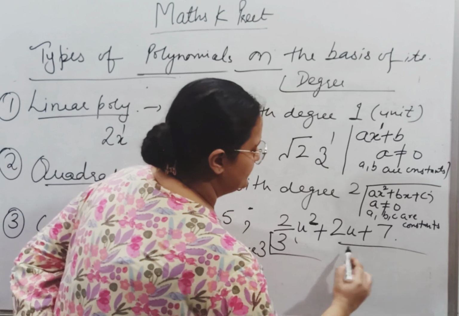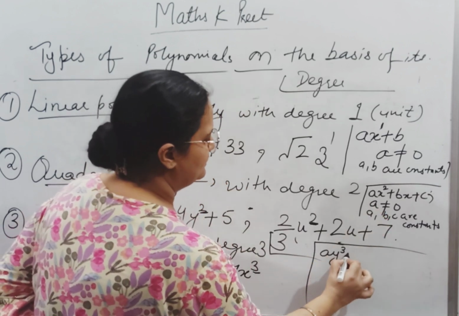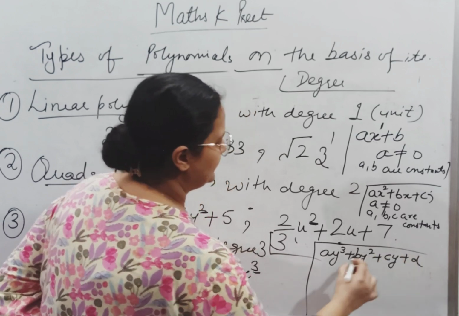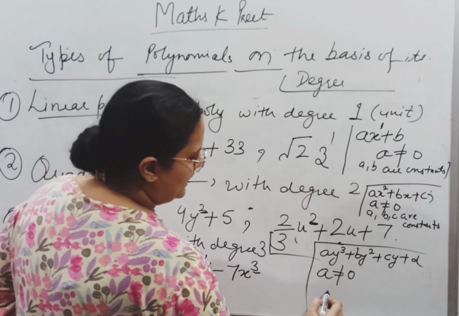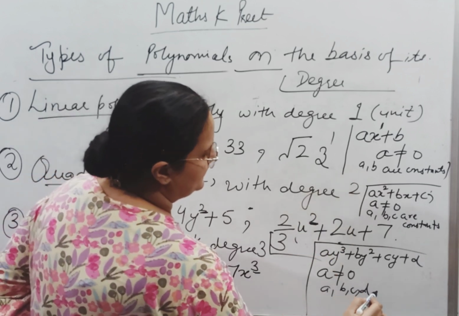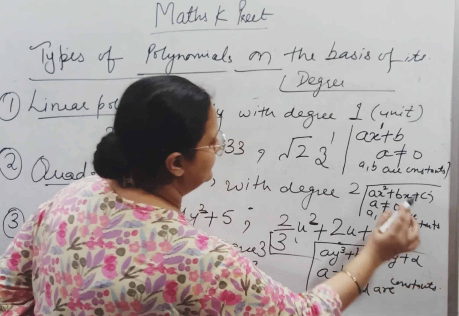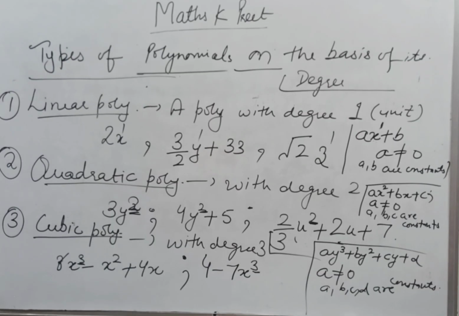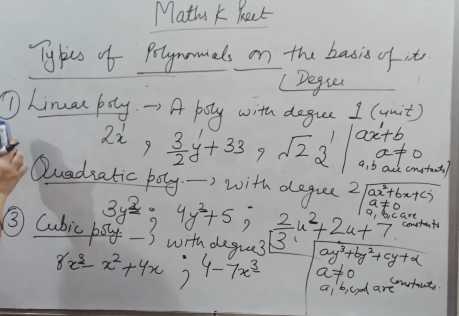General for the cubic is, I am taking y here, ay cube plus by square plus cy plus d, and a should not be equal to 0, rest b, c, d can be zeros, and a, b, c, d are constants. So these were the general polynomials, linear, quadratic and cubic, and these were the types of polynomials on the basis of its degree.